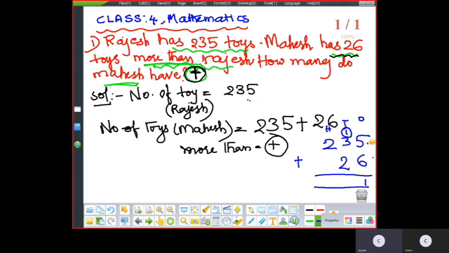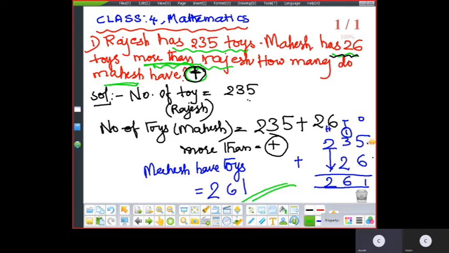So 3 plus 1, 4. 4 plus 2, 6. Then here, only 2 is there. So how many toys does Mahesh have? 261. So Mahesh has 261 toys. What is the answer, children? Understood? Okay. So let me do the next one.